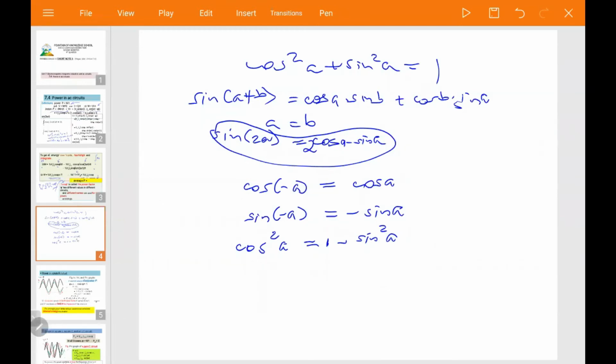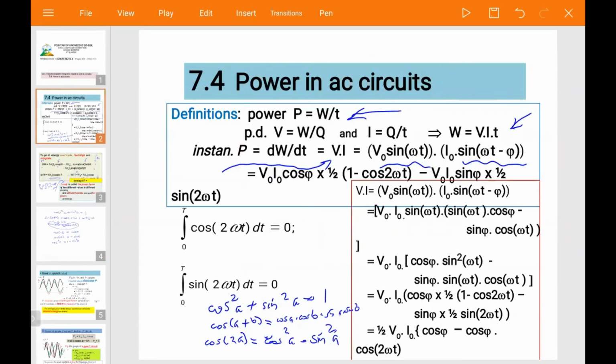But we have also this relationship: cos of 2a is equal to cos squared a minus sine squared a. From that, if you solve for cos squared a, you get cos squared a is equal to cos of 2a plus sine squared a. All right?